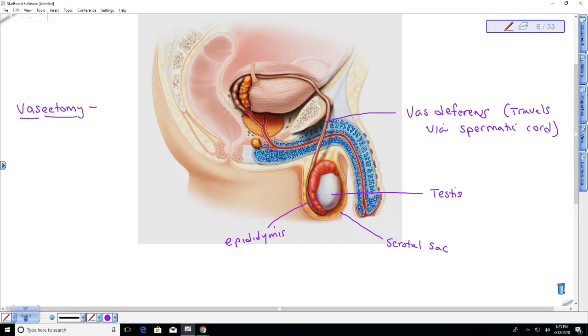This is that you're cutting the vas deferens, so that the ejaculate should not have sperm in it, but you'll still have an ejaculate when you have a vasectomy because of all the other things that are going to be added to the duct before you get to that point, okay, before it comes out the urethra.